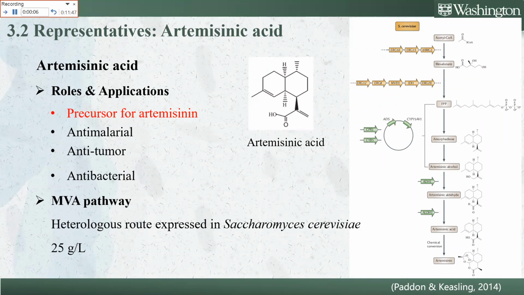Here I will introduce artemisinic acid. Artemisinic acid is the precursor for artemisinin. The semi-synthesis of artemisinin from microbe-sourced precursor artemisinic acid could be a cost-effective and environmentally friendly method, and it has a high-quality and reliable source.